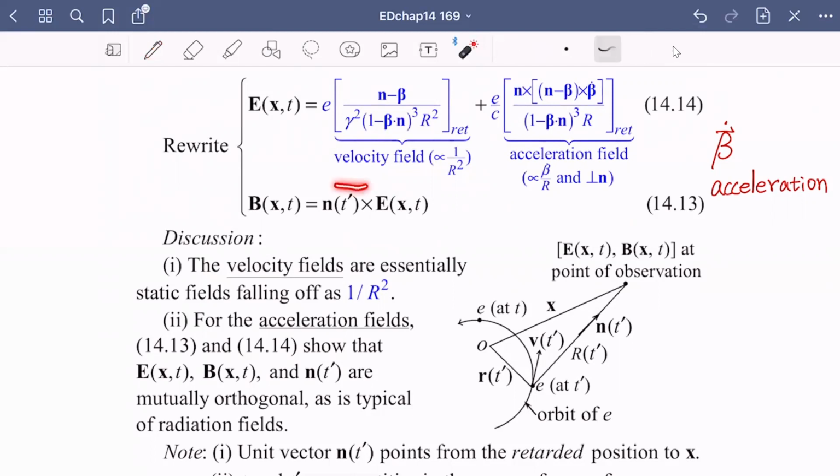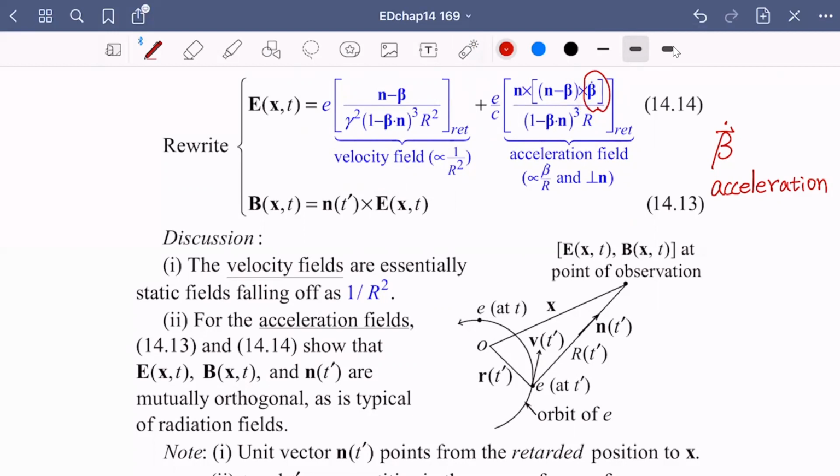The velocity field is the field we already evaluate at retarded time. So an acceleration field will be new to us. We will consider beta dot, this part. Let me draw this one. That's the most important part. Why?